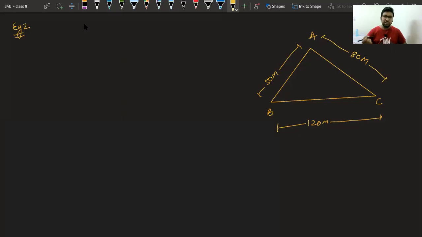So fencing, as soon as the term fence comes in front of you, what comes to your mind? Yes, perimeter comes to our mind, because fencing is done on the boundary of the figure, and boundary is always known for perimeter.